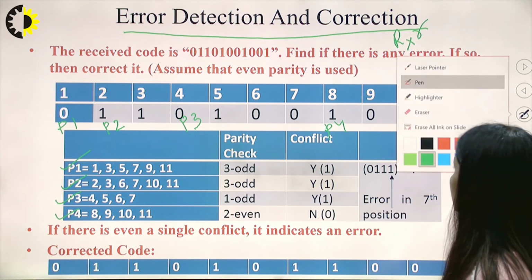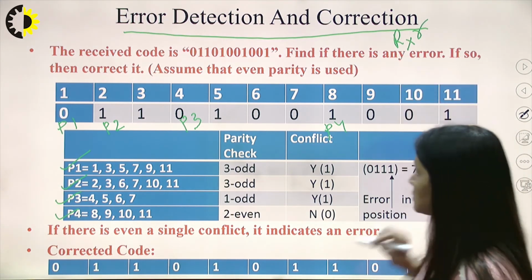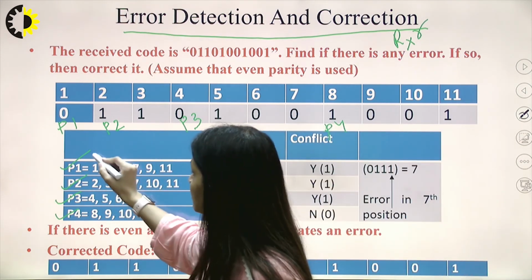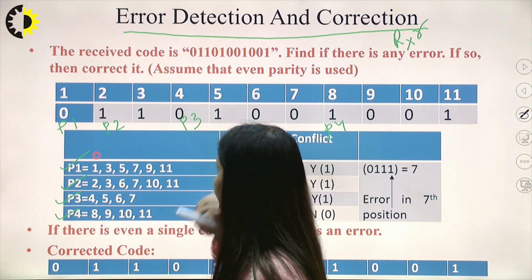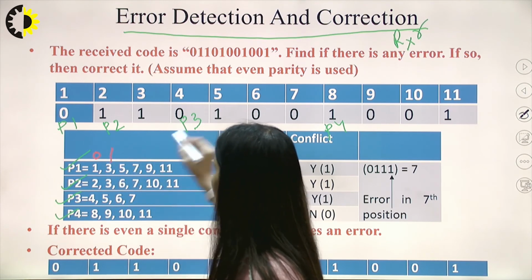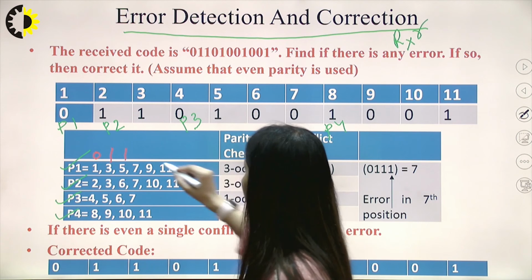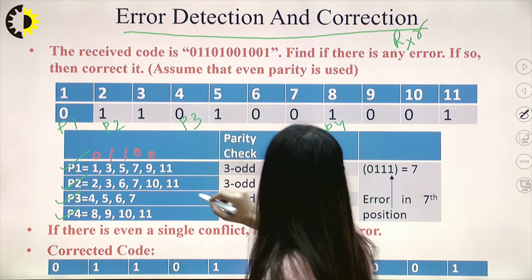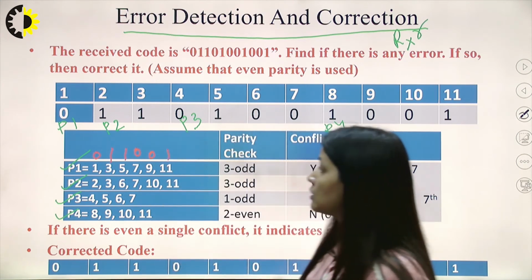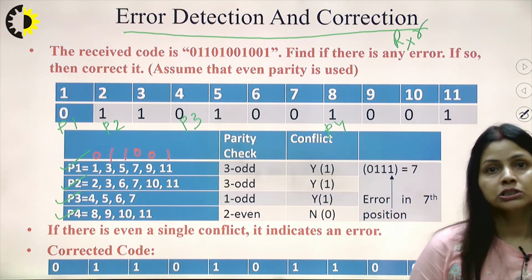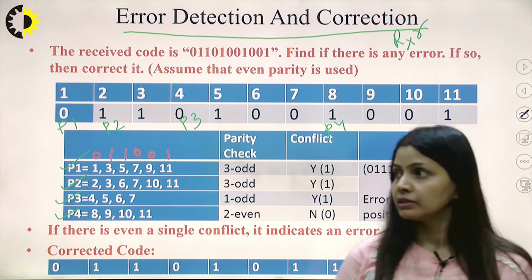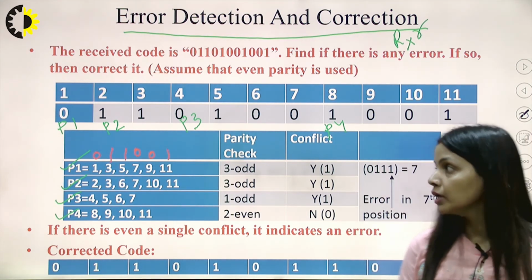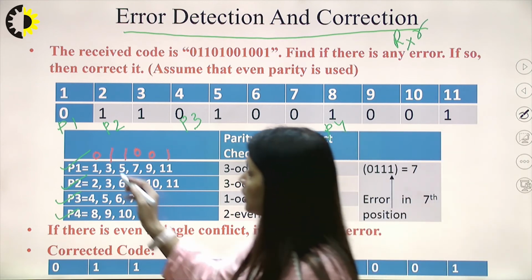Let us do that. At 1 this is 0, at 3 it is 1, at 5 it is 1, at 7 it is 0, at 9 it is 0, and at 11 it is 1. The receiver also knows the data which has been sent, that was using the even parity. So here it will count the number of ones.